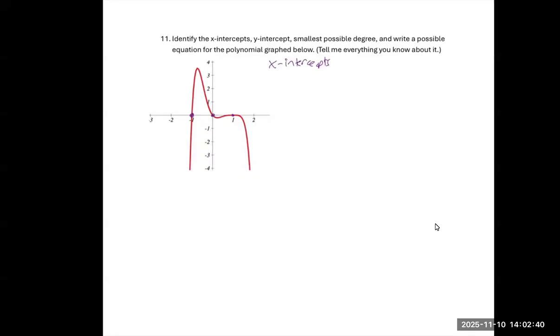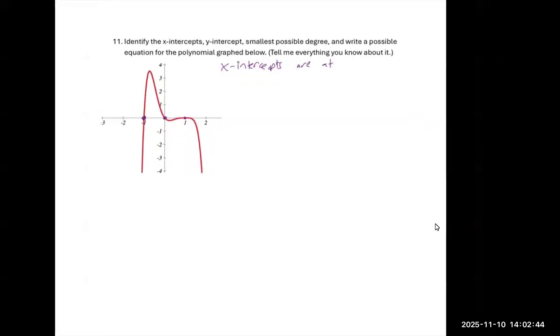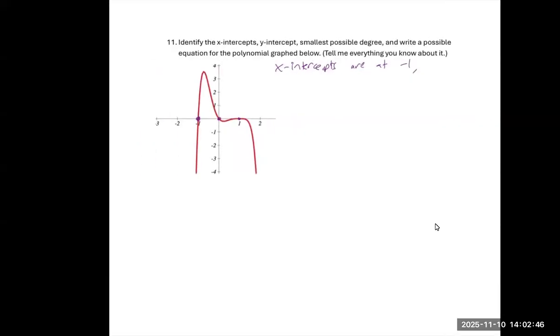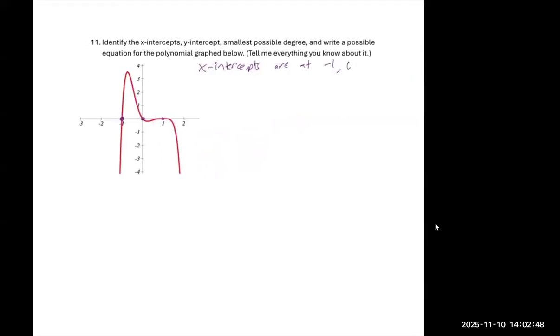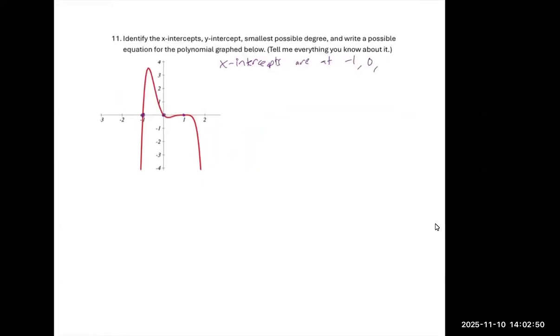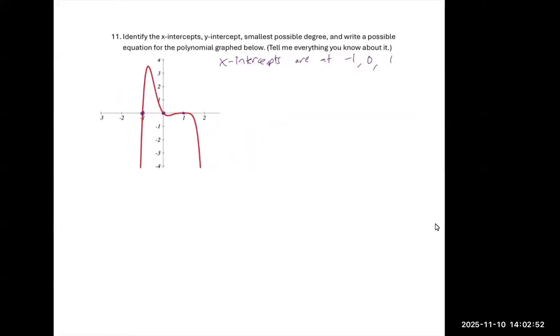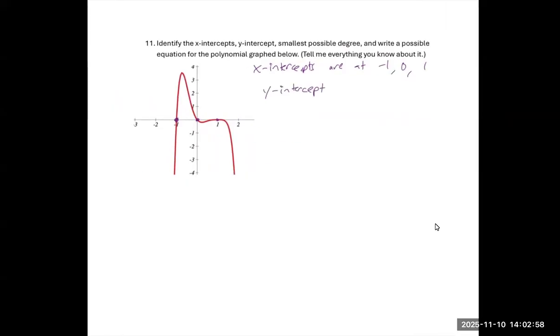are at -1, zero, and +1. The y-intercept is where this graph hits this vertical axis right there.